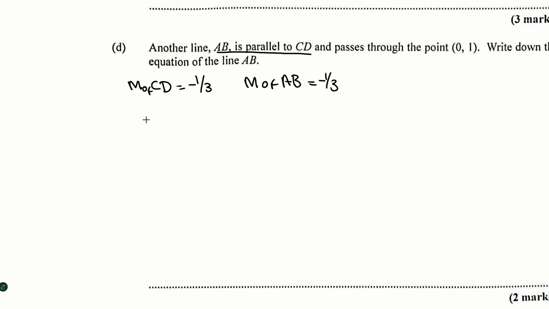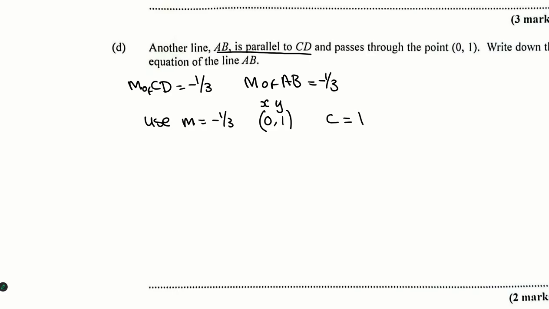So we are going to use your gradient, which is negative a third, and the point it passes through, 0, 1. Now immediately, guys, x is 0, y is 1. In your mind, you're supposed to think, when x is 0, that is on your y-axis. What do we know when x is 0 and y is a value? That is your c. So c is actually 1.